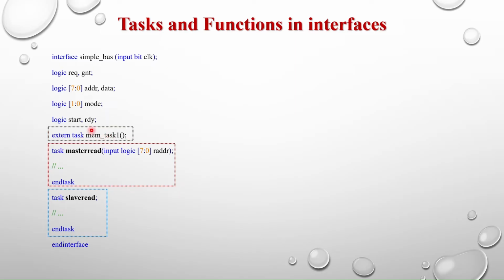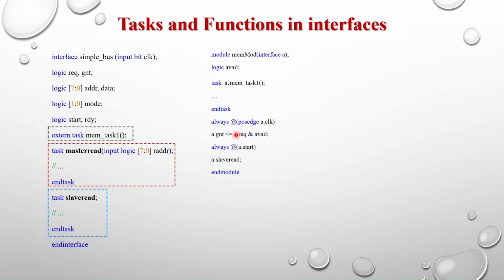So this mem task 1 is an interface task, but we have defined it in the module. So when the task is defined using the hierarchical name, then it must be declared as an extern task in the interface. If you see here, this is my mem mode module. Here I have defined this mem task 1. This mem task 1 is an interface task, but I have defined it using the hierarchical name a dot mem task 1, right?